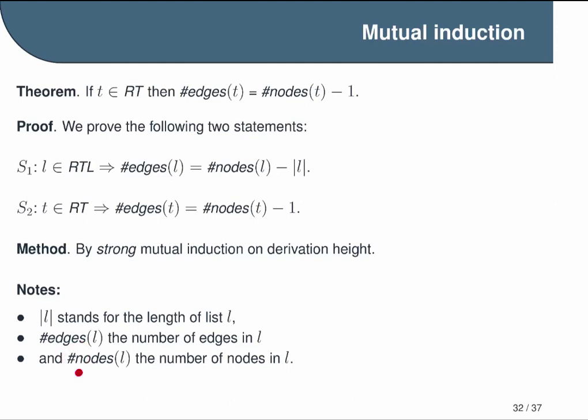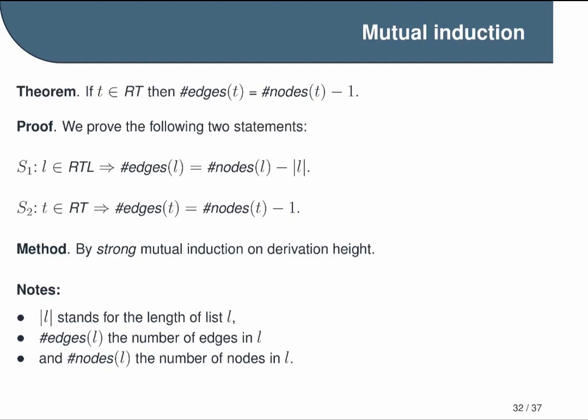The pound sign nodes L is also the number of nodes in L, and that's also true whether it's a tree or a list. And so if it happens to be a list of trees, what you would do is count up all the nodes in all of the individual trees in that list, and that would be what pound nodes L means.